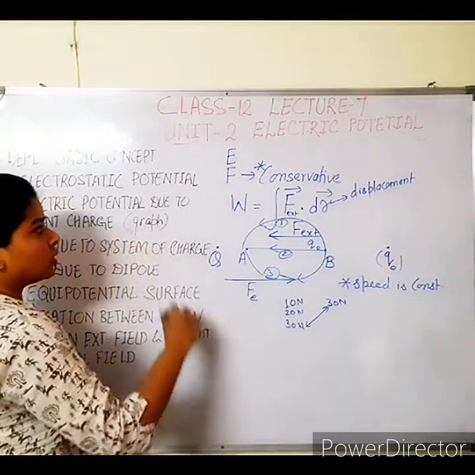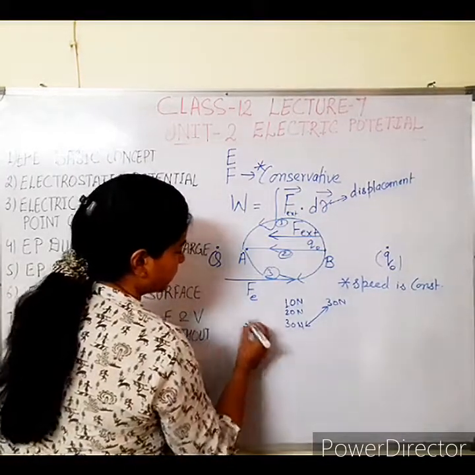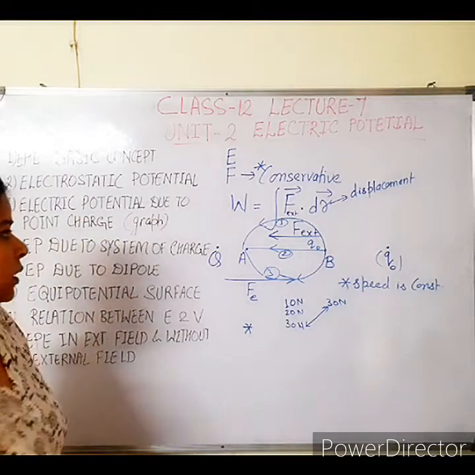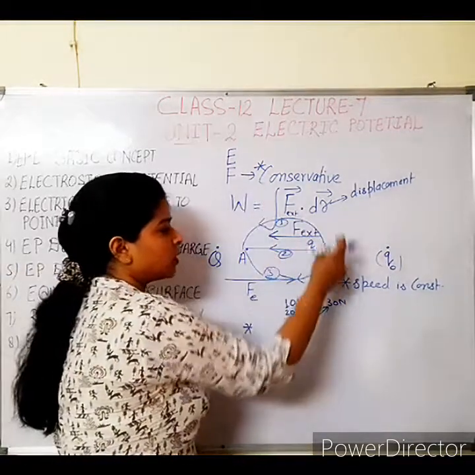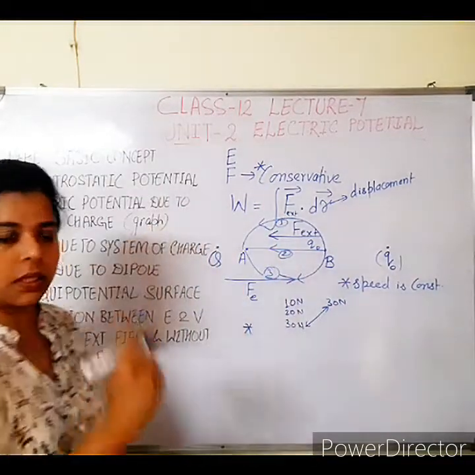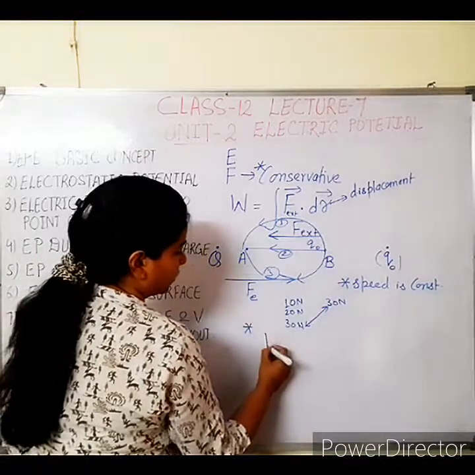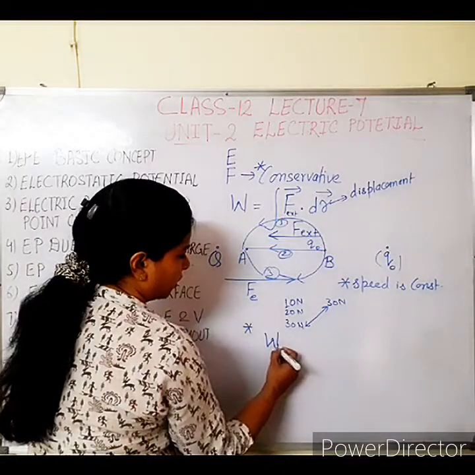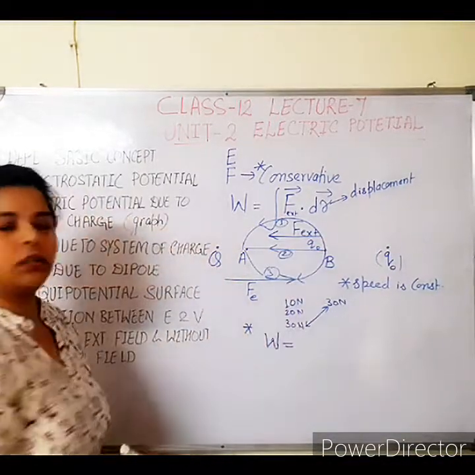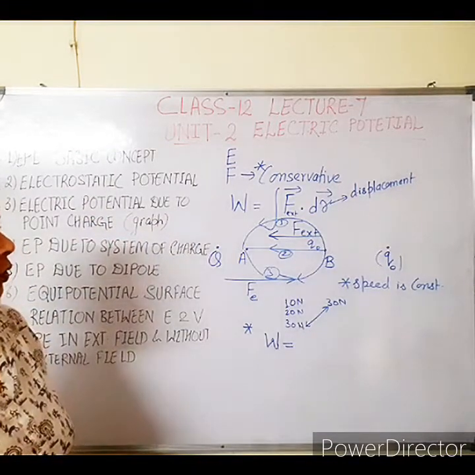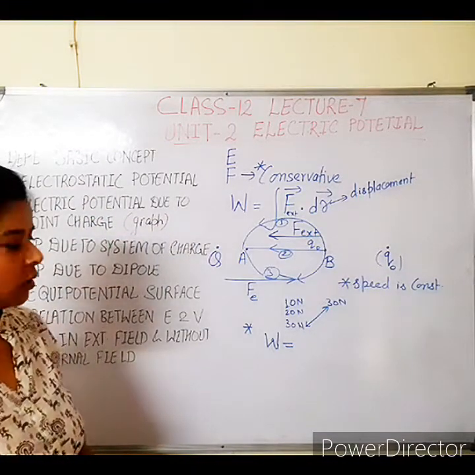Now come to the third factor. This is point number 3. First factor is conservative force, second factor is that speed is constant, and third factor: whatever work is done on the test charge body should be converted into energy.